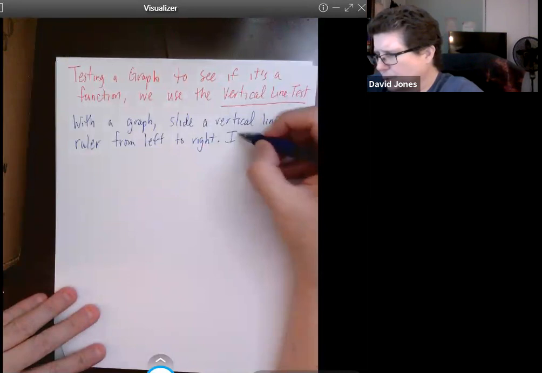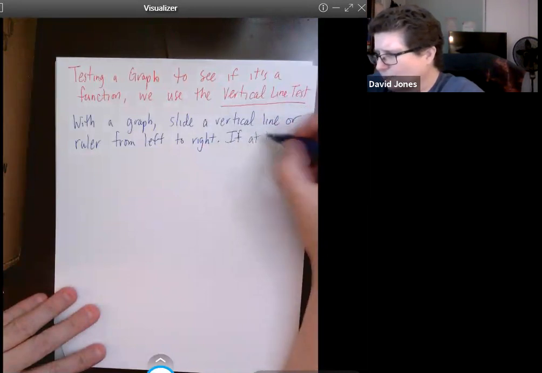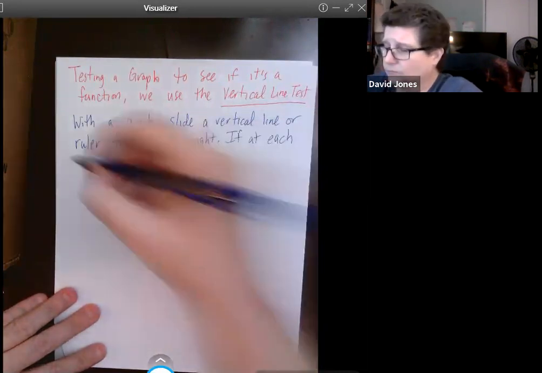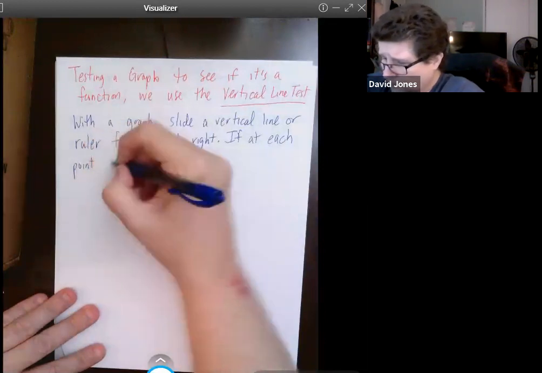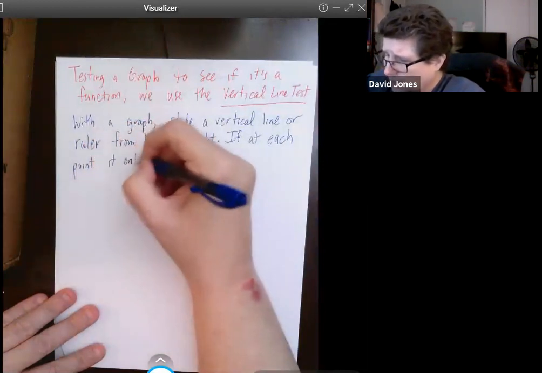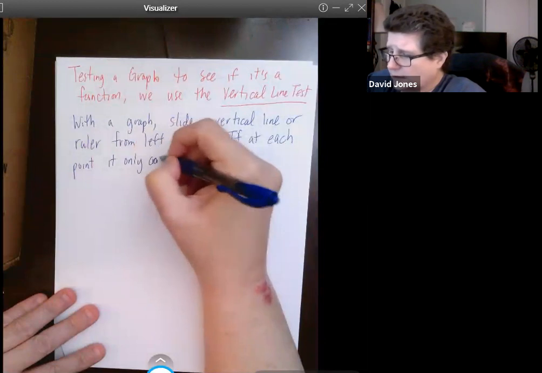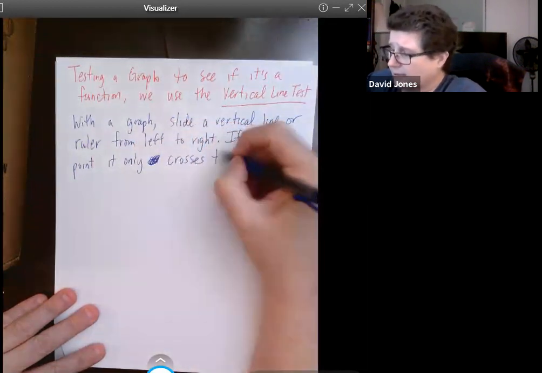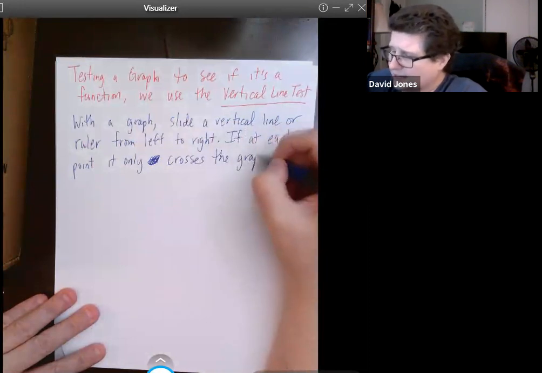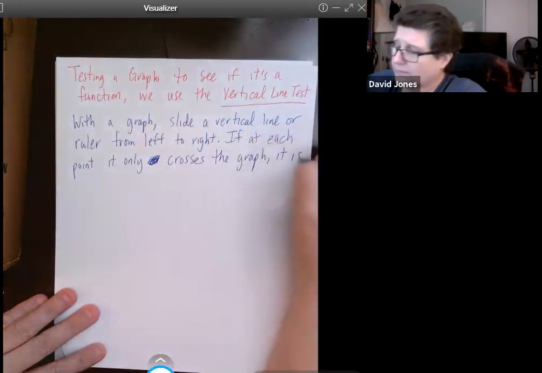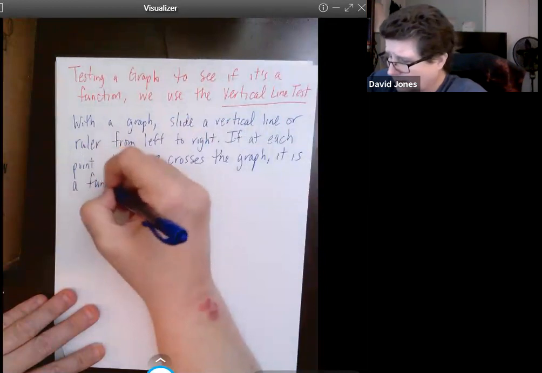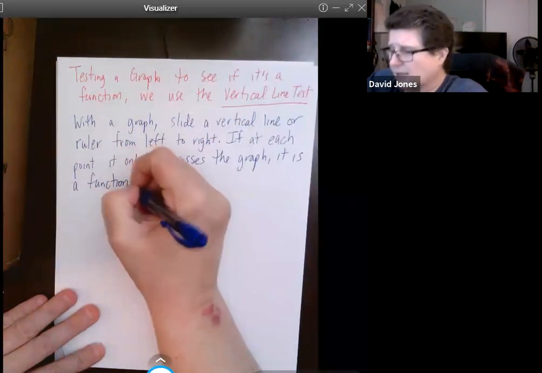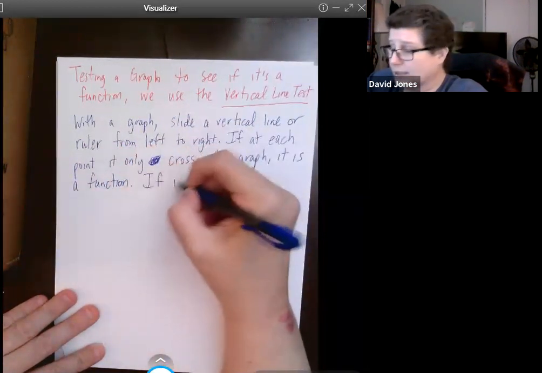If at each point it only crosses the graph once, it is a function. If it crosses more than once, it's not a function.